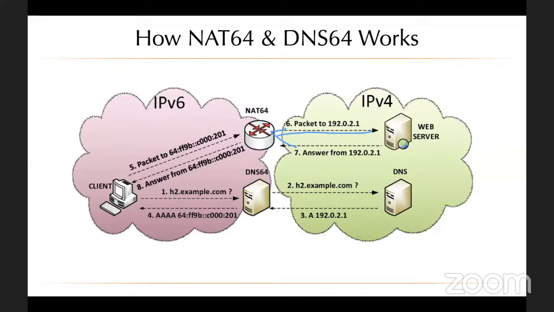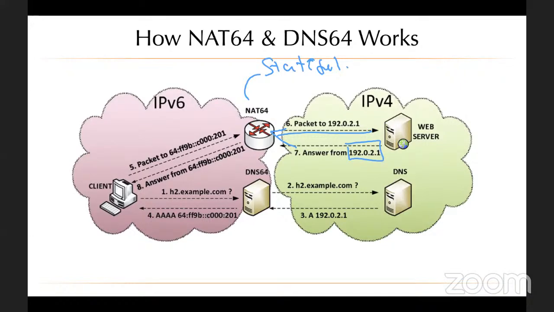So since it's stateful, it knows the initial communication that was done, right? So it knows that we need to translate the source IPv4 address, which is coming from the server, to an IPv6 address. And then the destination IPv4 address, which was in the binding table in this NAT64 device.